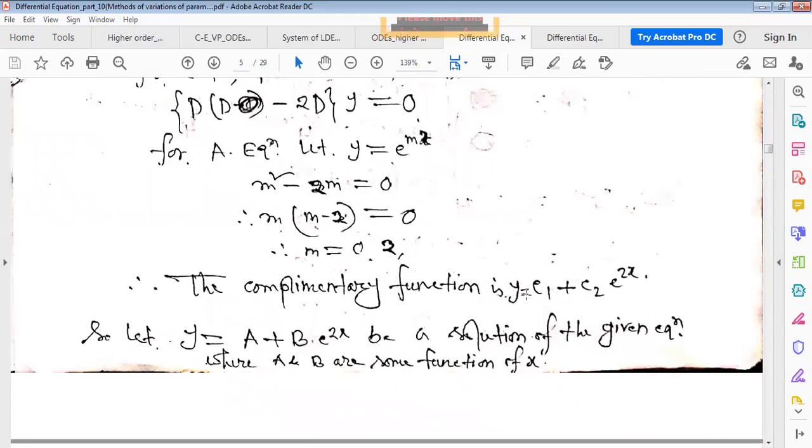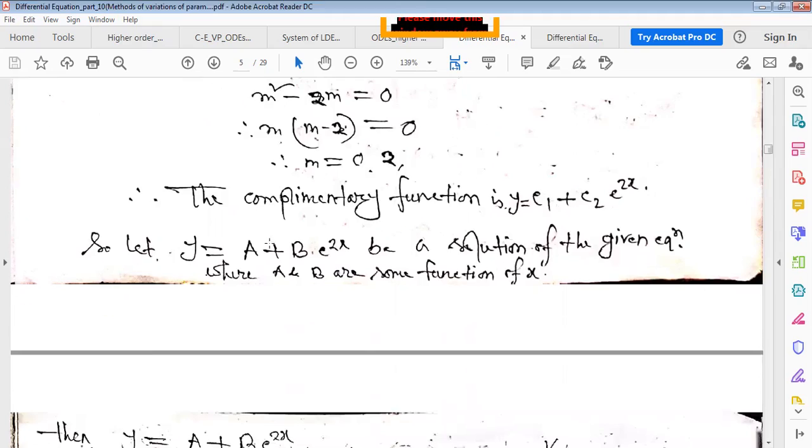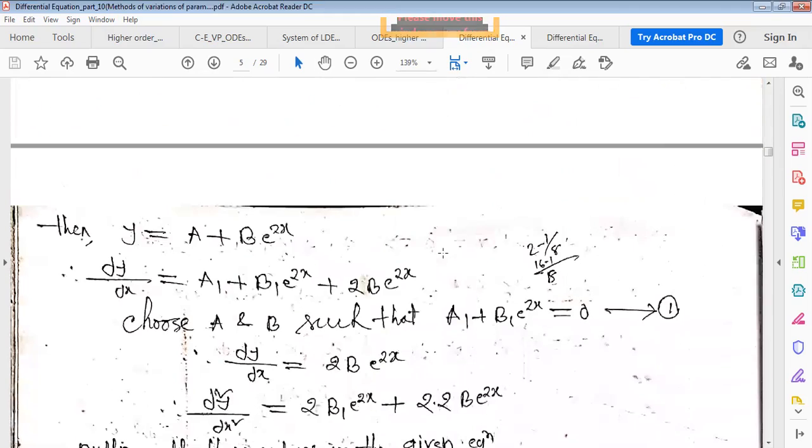So the complementary function will be y equals to c1 into e to the power 0 into x, that means 1, plus c2 into e to the power twice x. So the solution can be written as y equals to a plus b e to the power twice x, be the solution of the given equation, where a and b are the parameters as functions of x.